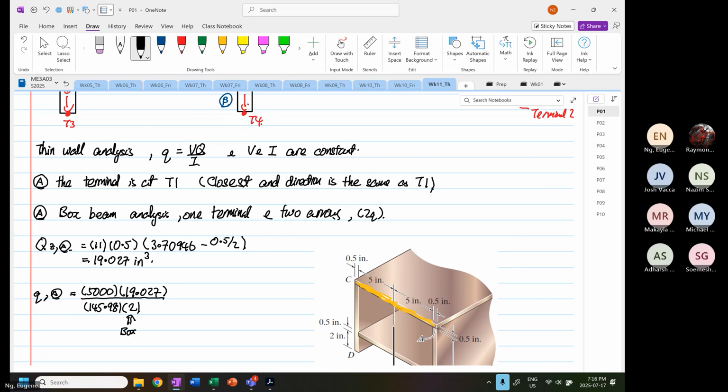Box beam. Okay. So this will be equal to 5,000 multiplied by 19.027 divided by 145.98.